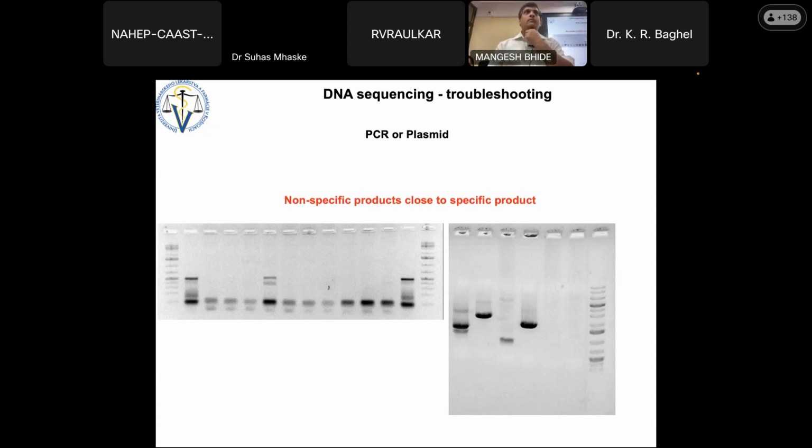Yeah, sir, just one question I want to know, because in first picture, the sample number, well number, because first is the ladder and then fifth one. Fifth number. Yes. Because there are three bands there. So in that, the top one, I think that is the required one, means specific one. And that one is the non-specific one. Yes. And below is the dimer.